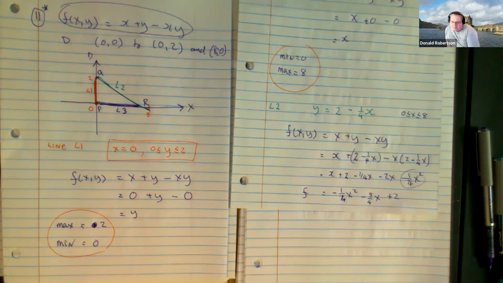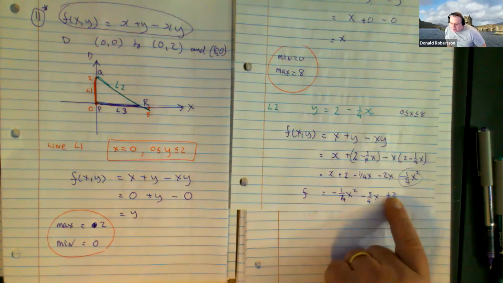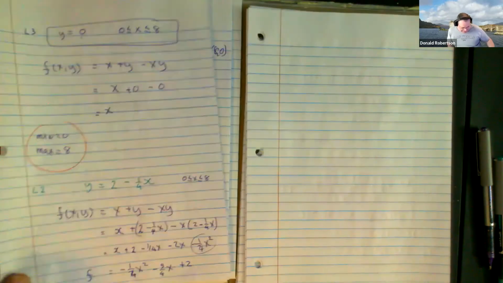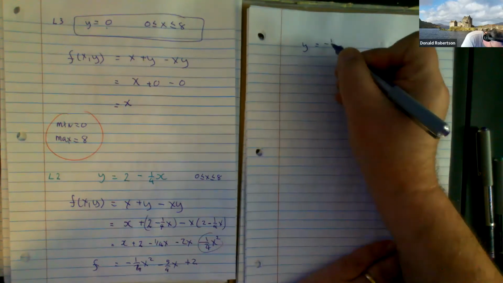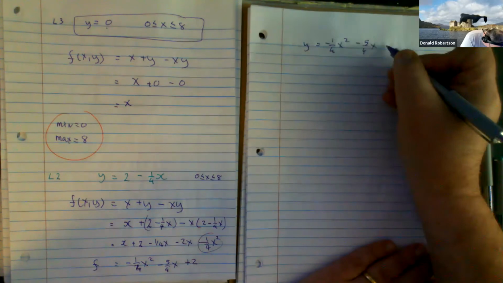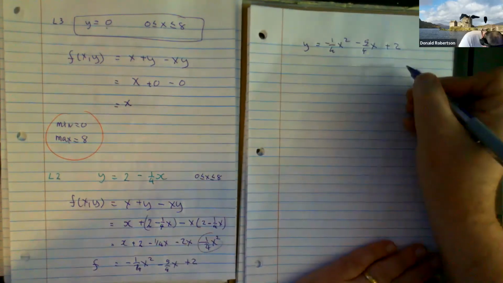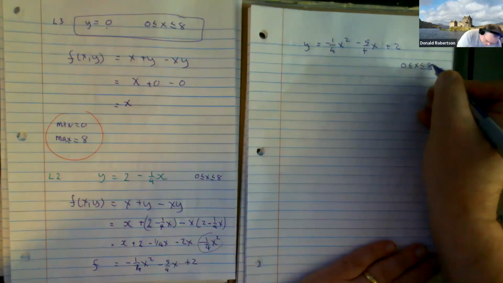Right. Well, you might say, where's my max and min? I need a max and min. So this question becomes a little baby question, like a Calc 1 question. Suppose I have a function which is -1/4 x squared, -5/4 x plus 2, and I'm only going to use x's between 0 and 8.